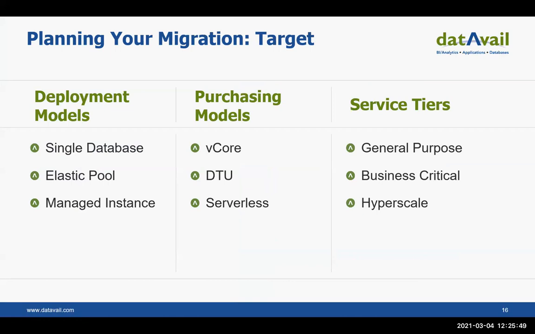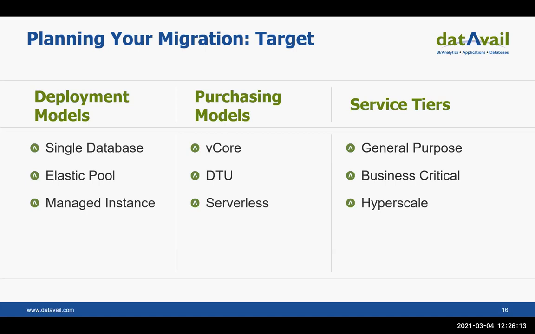Of course, you should consider the business guidelines. You should consider general guidelines to help you choose the correct deployment model, pricing model, and service tiers. The deployment model, I know we already went over it. You need to understand your application workflow and usage pattern to decide between a single database or elastic pool.